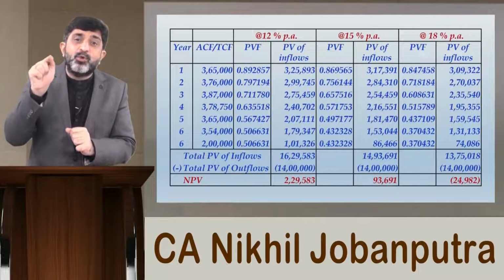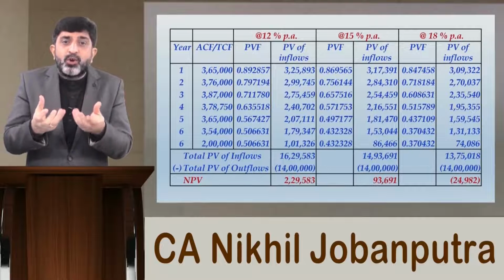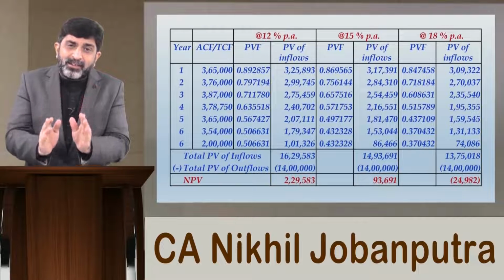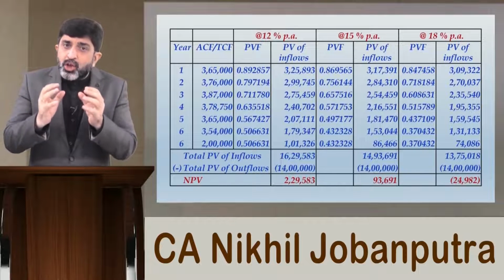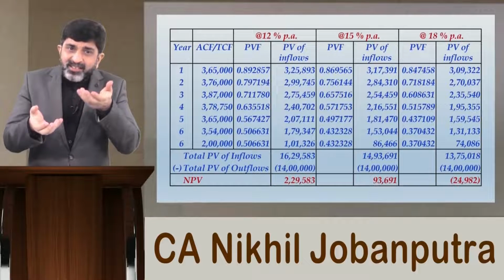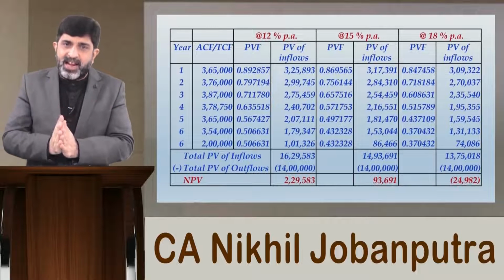That is the time when you get negative NPV. A negative NPV indicates that you are not earning your expected rate of return. So from the calculations it is clear that at an expected rate of return of 18%, you are not earning 18%, you are earning less than that.